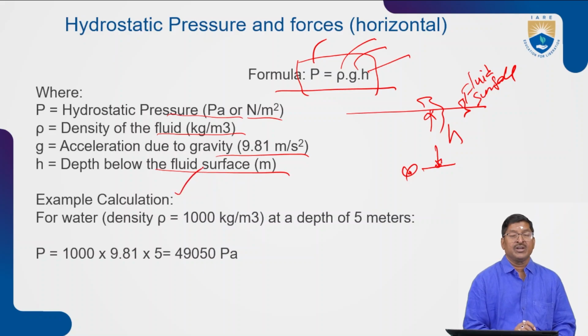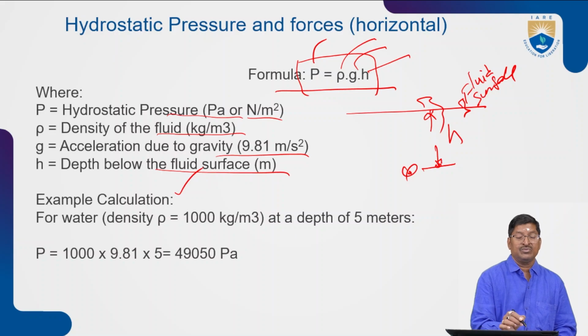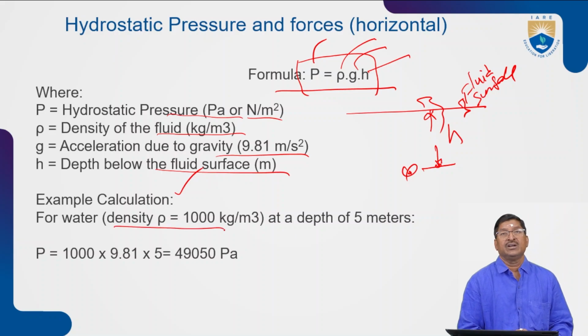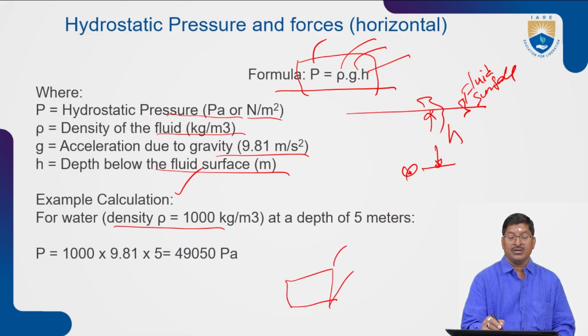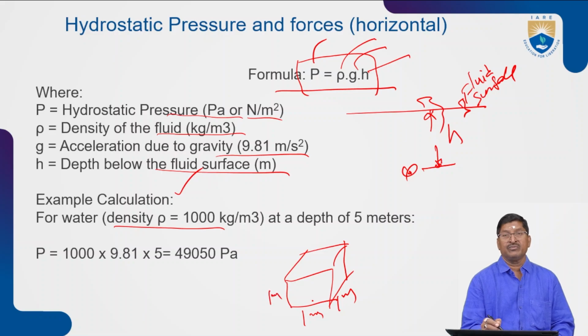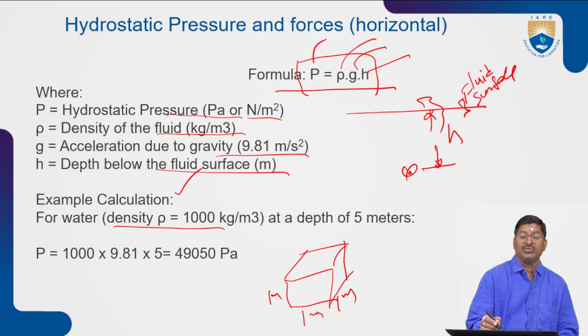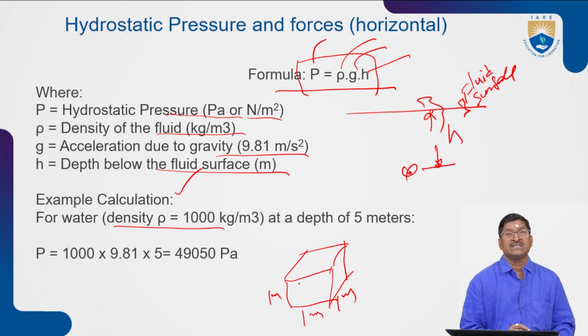Let us see one small example. The density of water, rho of water, is constant: it is 1000 kg per meter cube. That means if you fill water in a box of 1 meter length, 1 meter width and 1 meter height, the water in that box weighs 1000 kg. Now at a depth of 5 meters, what is this 5 meters?